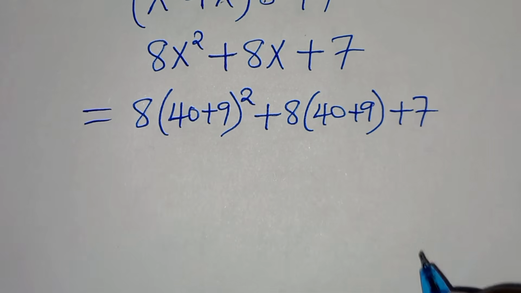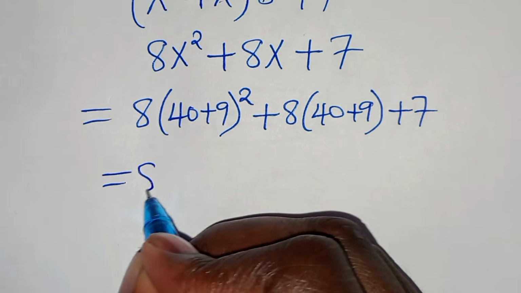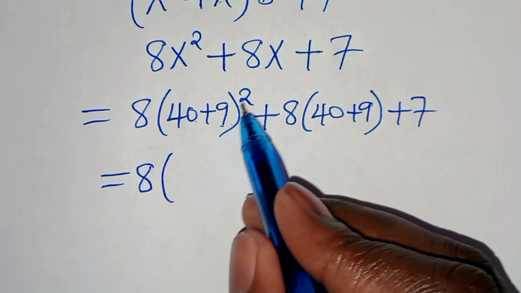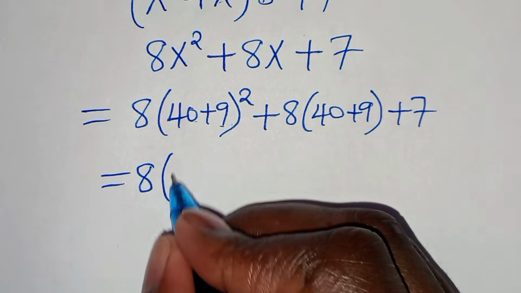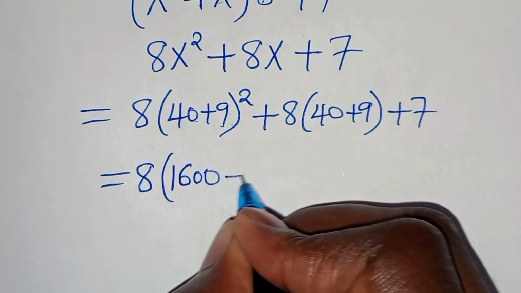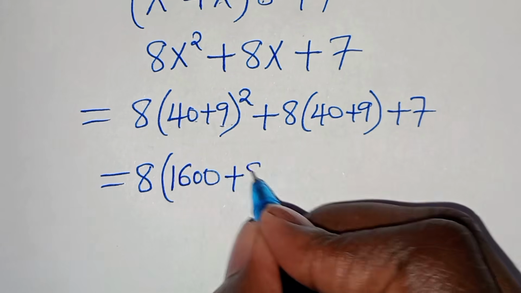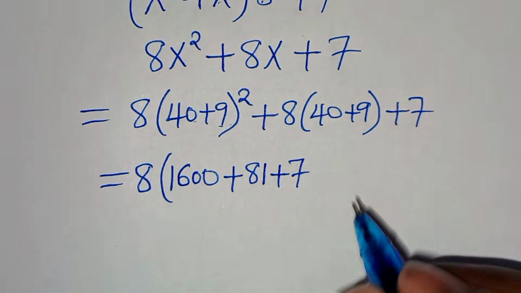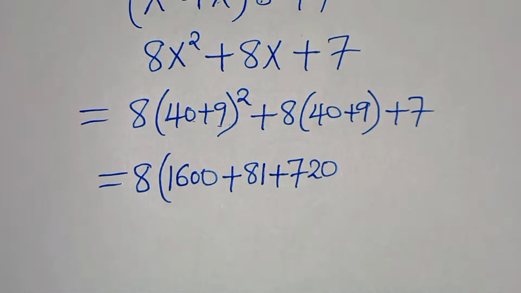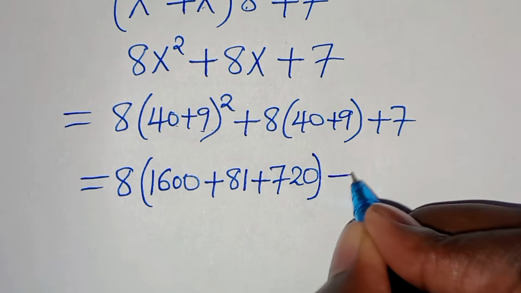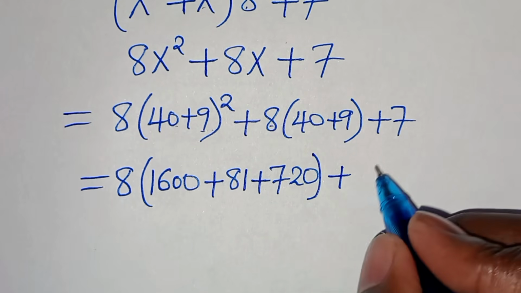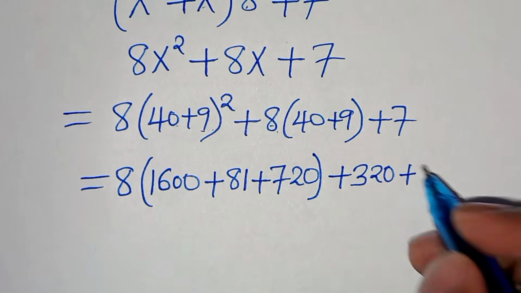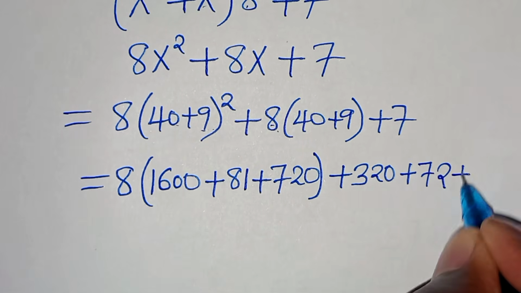Now, this is 8 multiplying by, now let's expand this. This is 40 raised to the power of 2, and this is equal to 1600 plus 9 squared, this is 81, then plus 720, close the parenthesis here, then plus 8 times 40, this is 320, then plus 8 times 9, this is 72, then plus 7.